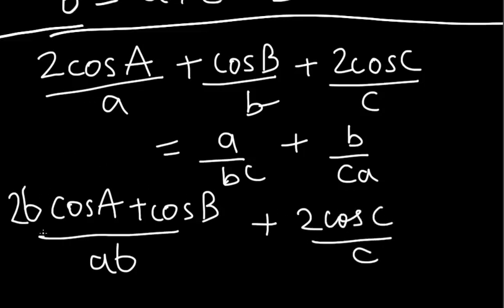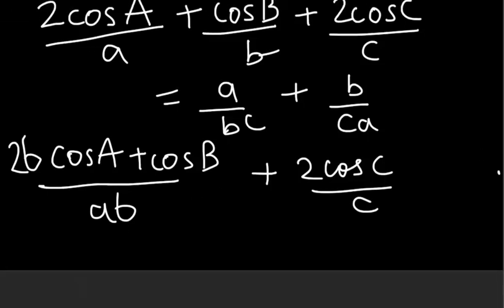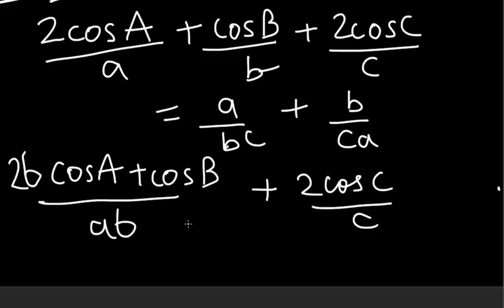Now in the first term you will observe that we can apply the projection formula if we take cosine of b along with one of the b cosine of a, and obviously the other b cosine of a will still be left.